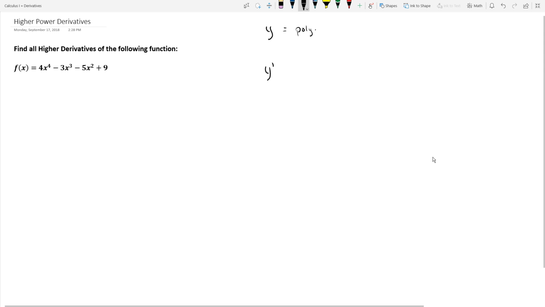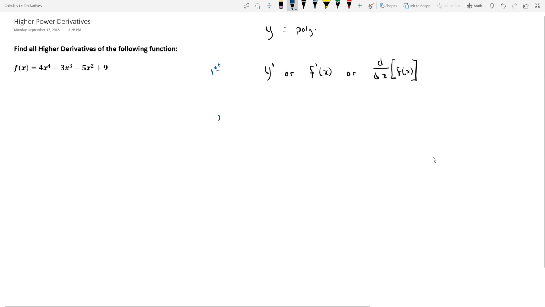That means take the first derivative of the function. We could also write that as f prime of x, or we could say the derivative d with respect to x for that function. So this is the first derivative.